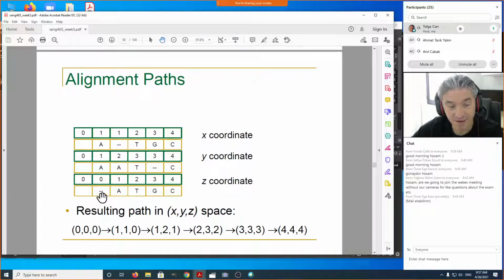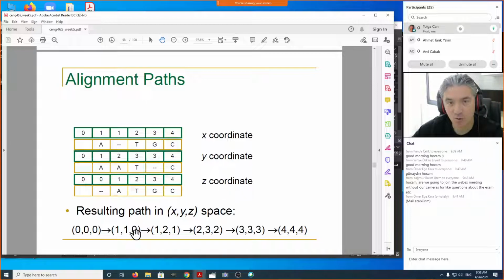For the third sequence, we have a gap, so we haven't yet arrived at the first character in the third sequence. So this is 1, 1, 0. Then we consume the second character from the second sequence, and the first character from the third sequence. So the alignment can be considered as a trajectory in 3D space, each time moving to one neighbor.